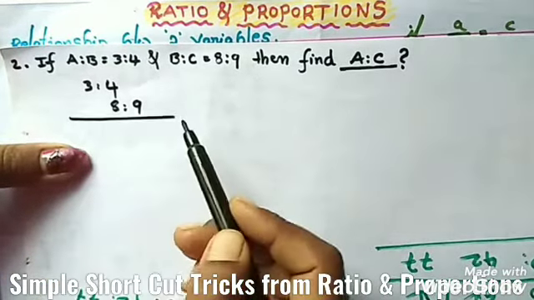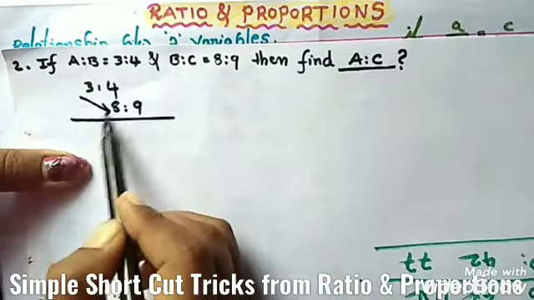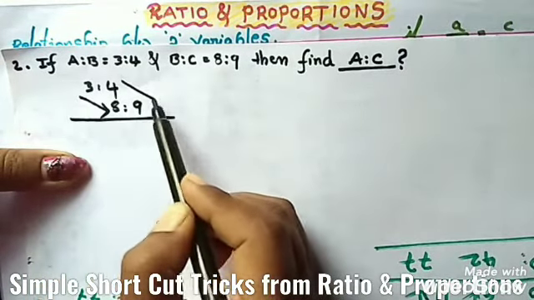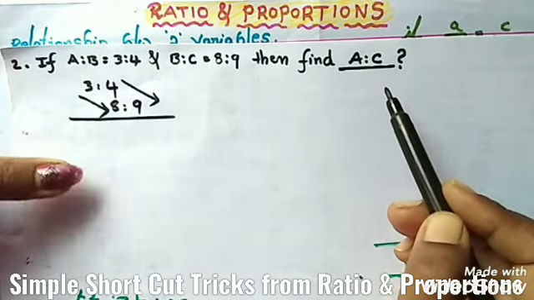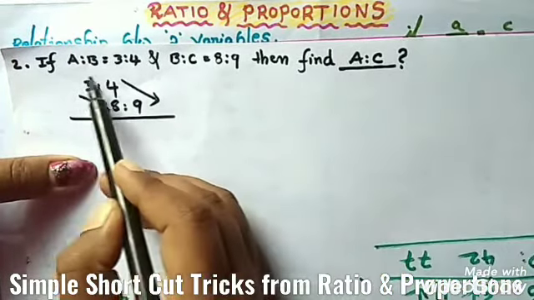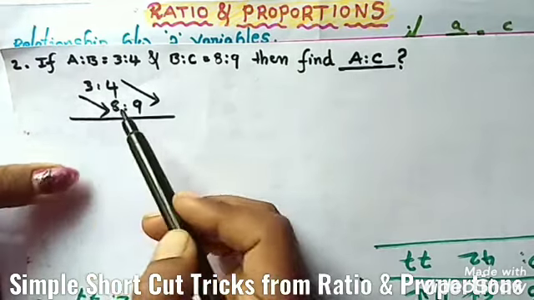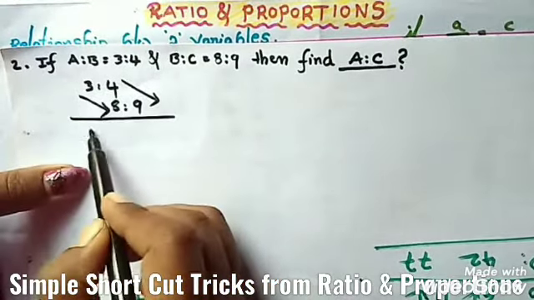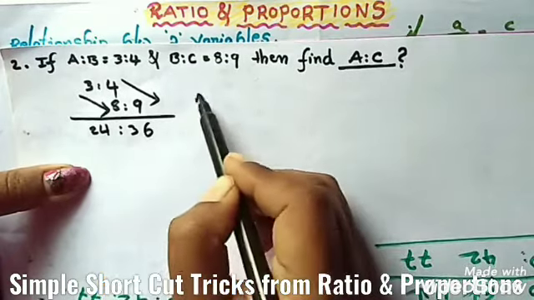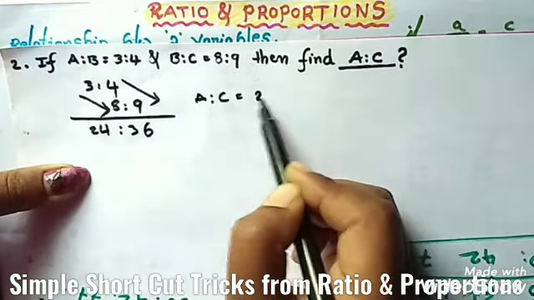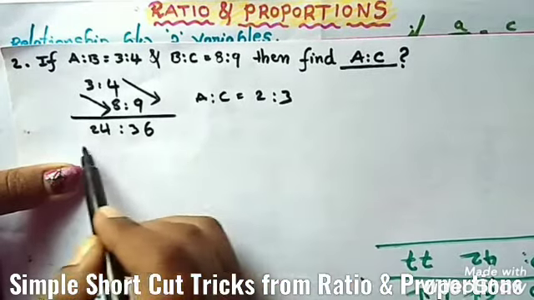Now the multiplication should be done like this. 3 into 8 and 4 into 9. Why? Because you can ignore simply B. If B is there, we can again multiply in this way. That is no need now. 3 8s are 24 is to 4 9s are 36. Now A is to C is equal to 2 is to 3.